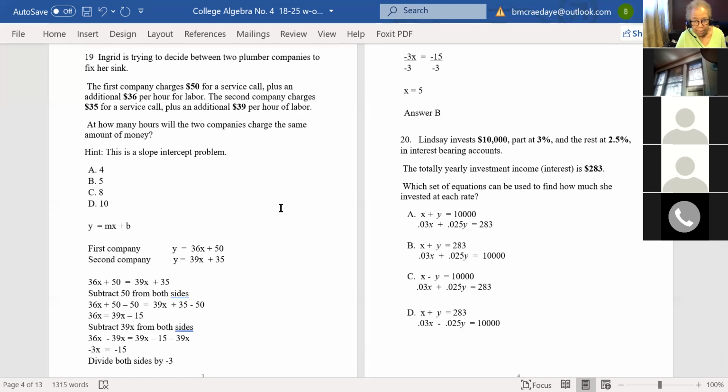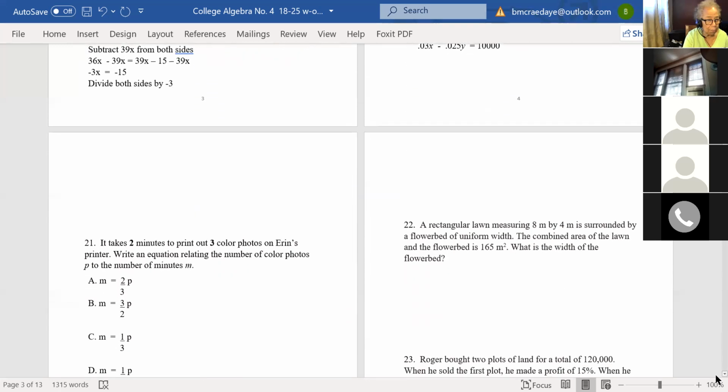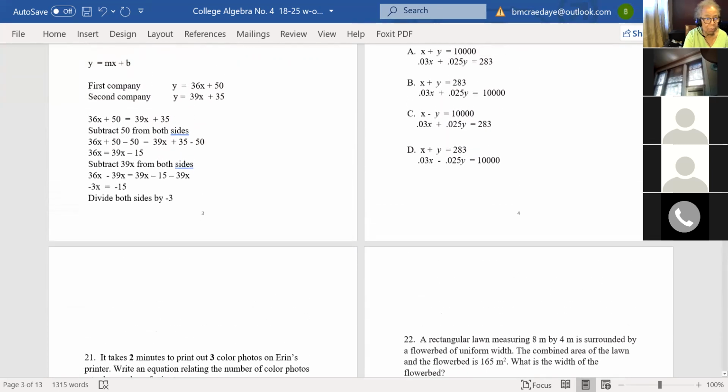Now, actually, I think we're going to stop here. And your homework is really going to be 20 and 21. Okay, so 20 and 21 are your homework. And what we will do next is do the algebra quiz. So you'll have the remainder of the time.